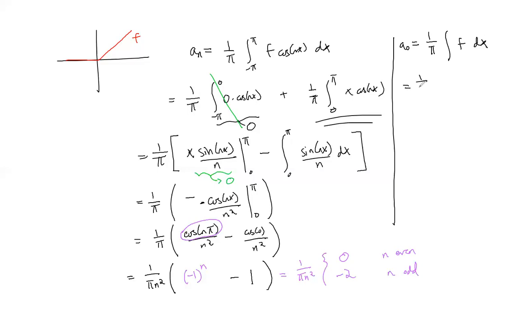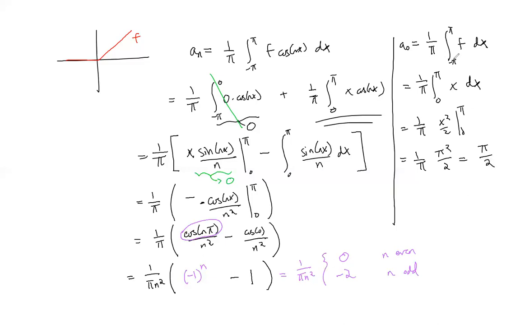So we get 1 over pi, integral from 0 to pi of x dx, which is 1 over pi times x squared over 2 from 0 to pi. So you get pi over 2.